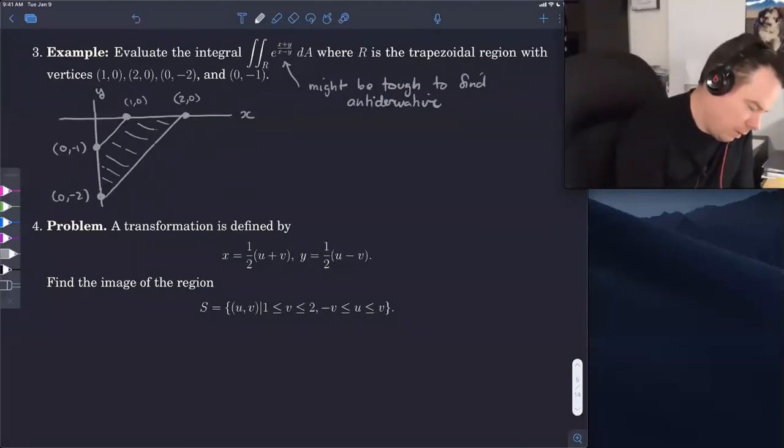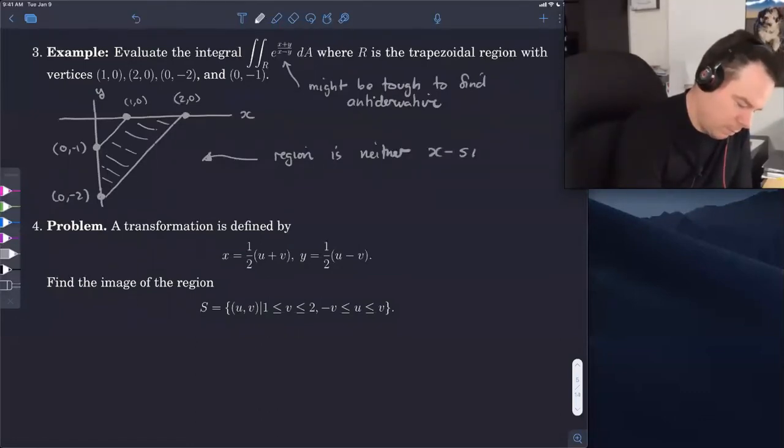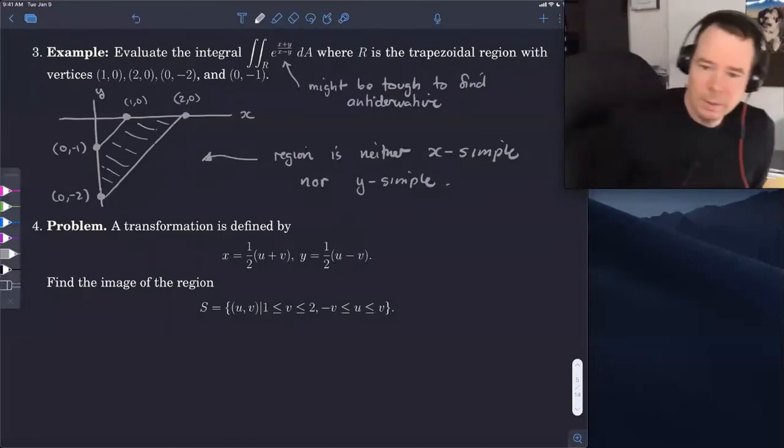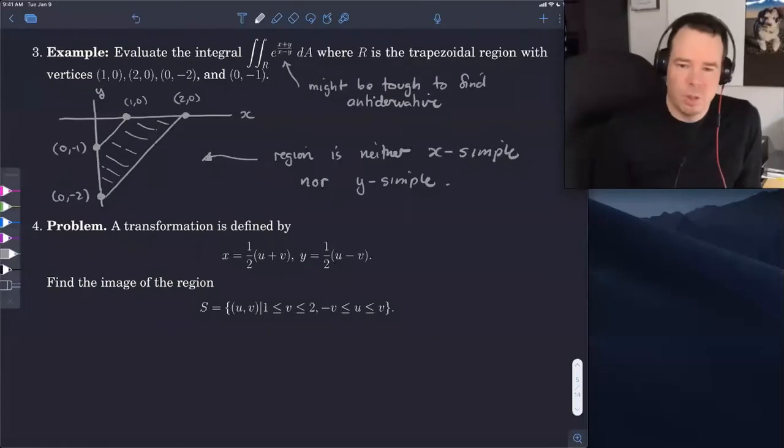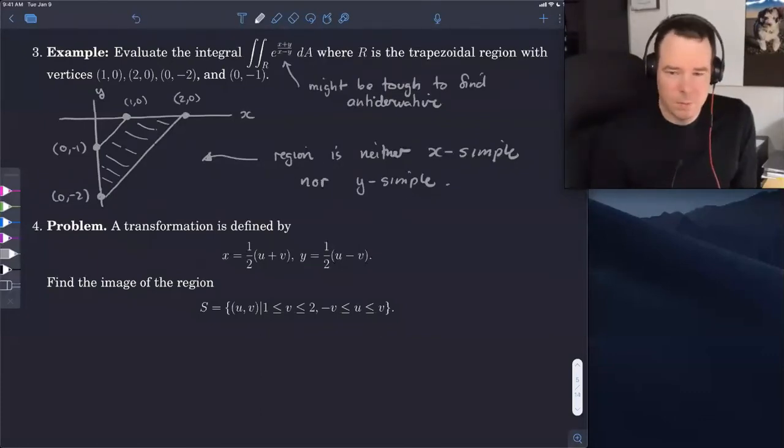The other thing is this region is neither x simple nor y simple. There's not just one curve that's sitting as the upper curve and one curve as the lower curve, or just one curve as the left curve and one curve as the right curve.